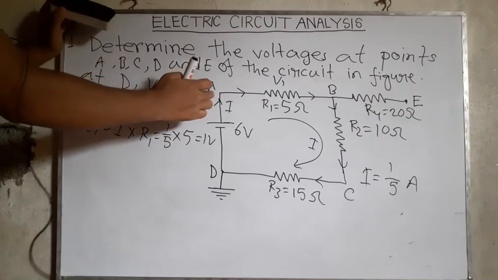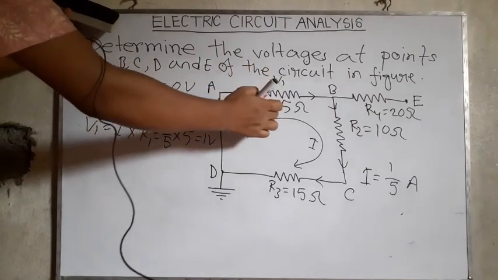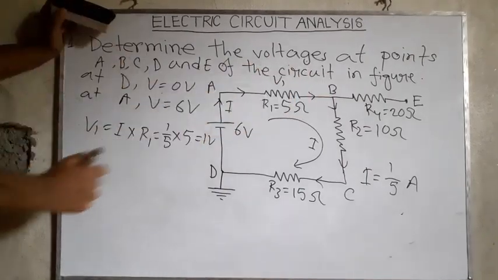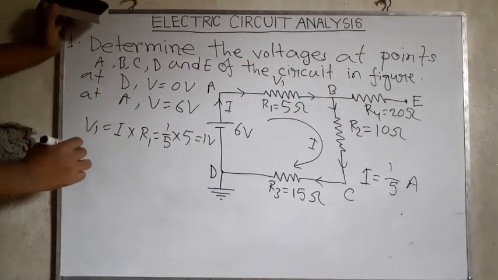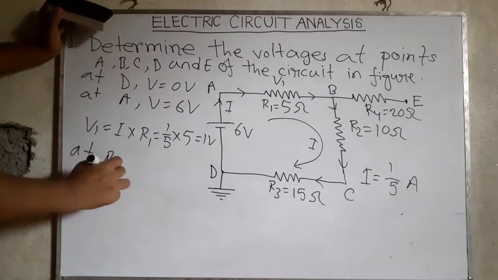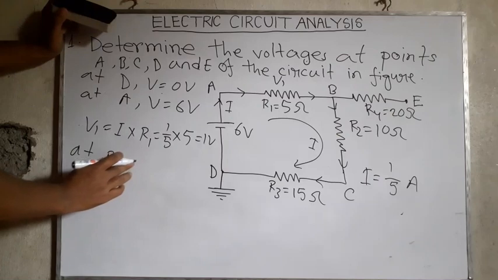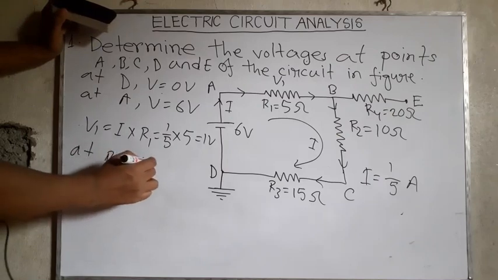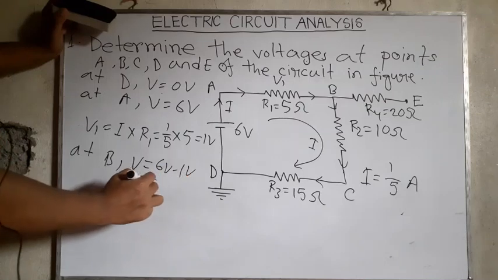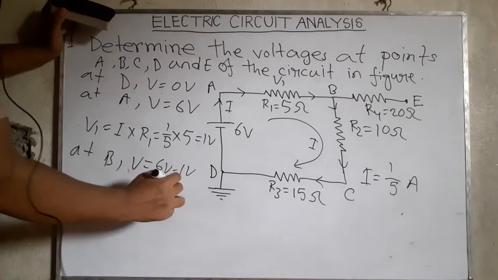At point A the potential is 6 volt and the potential drop is 1 volt, that is, the potential difference between point A and point B is 1 volt. Therefore, at point B potential V is equal to 6 volt minus 1 volt, which is equal to 5 volt.